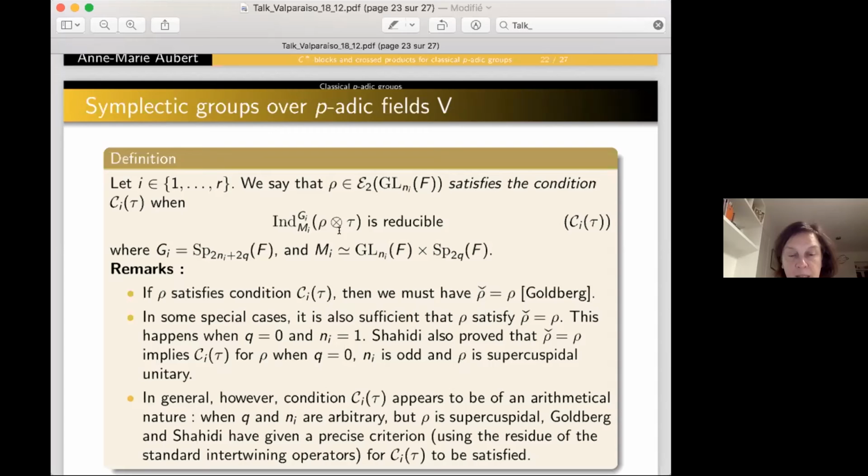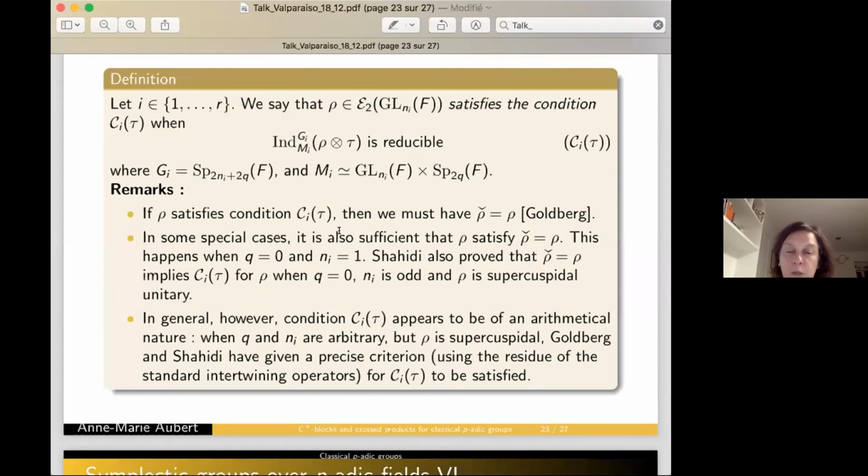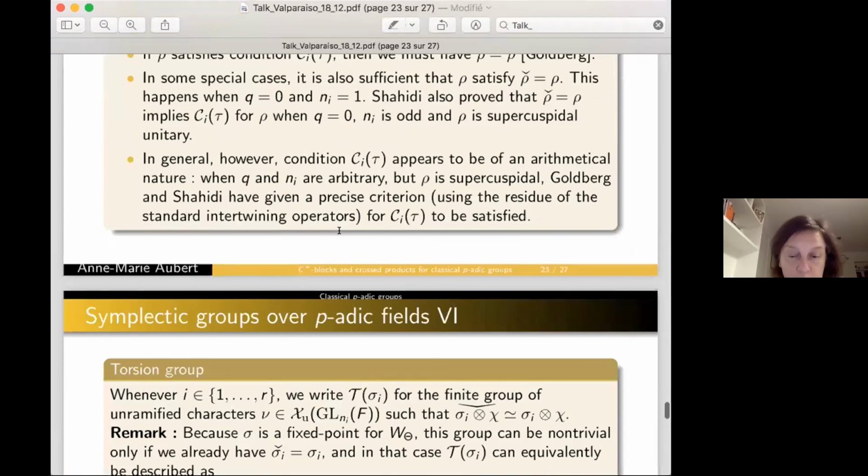This has been studied in particular by Goldberg and by Shahidi. So in particular, if rho satisfies that condition, it must be self-contragredient, in the sense that rho check has to be equal to rho. Also some remark about this condition C_i2: it is a condition of arithmetical nature, and in particular in the case where rho is supercuspidal, Goldberg and Shahidi gave a precise criterion using the residue of standard intertwining operators for which the condition is satisfied.